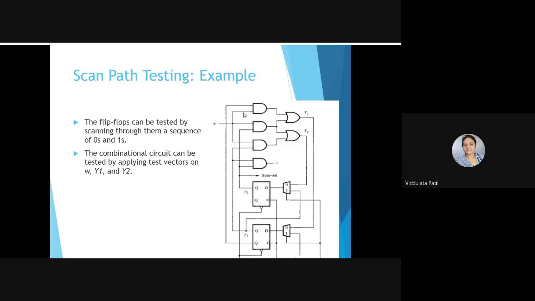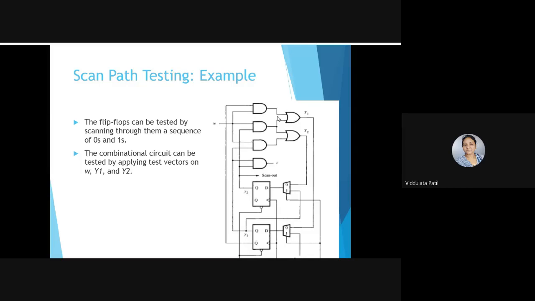For the second AND gate, one input is W and the second input is Y2. And for the first AND gate, one input is W and another input is Q bar. Remember that it is Q bar that is connected as one of the inputs to this AND gate.